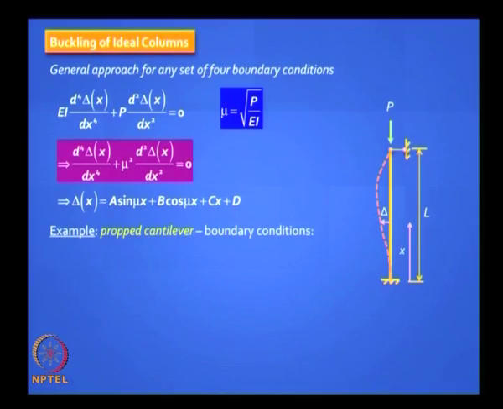What is 0 at that end? Deflection you've already written as your third equation. Moment is. Curvature is? Why is curvature 0? Because moment is 0.